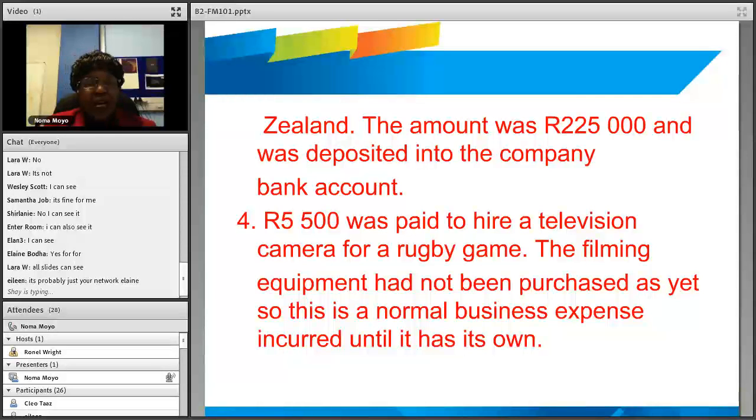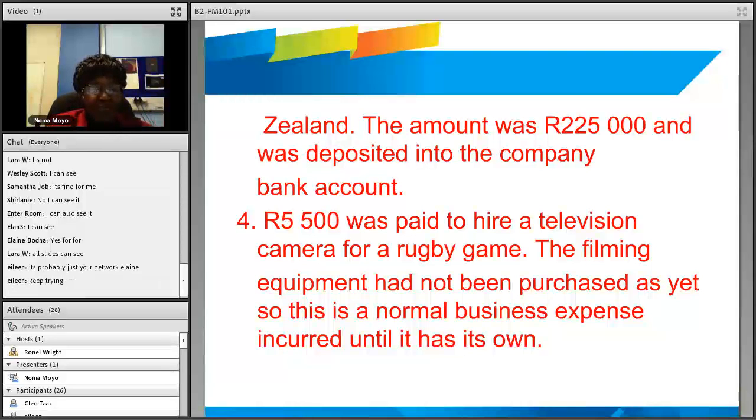5,500 was paid to hire a television camera for a rugby game. The filming equipment had not been purchased as yet, so this is a normal business expense. So if it's an expense, we are going to debit advertising. Sorry, 5,500 was paid. When you are paying, it means you credit the bank and debit advertising.